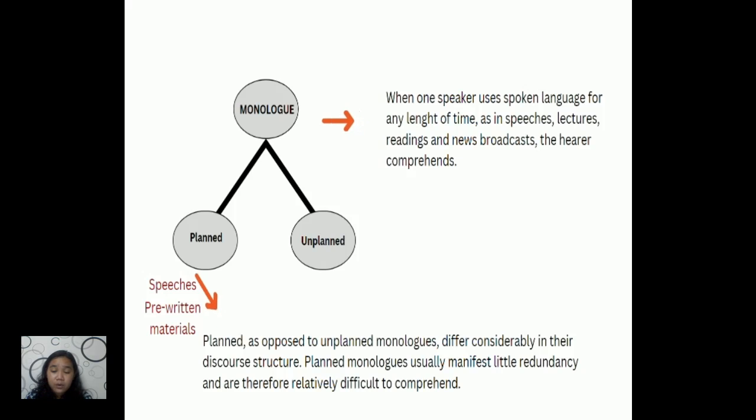When we say redundancy, meaning there's a bit of repetition of words or phrase that makes the planned monologue difficult to comprehend.